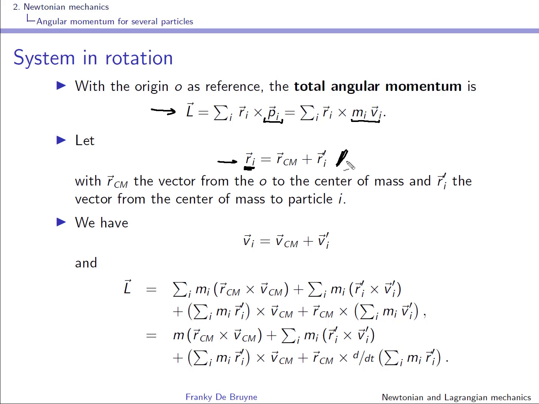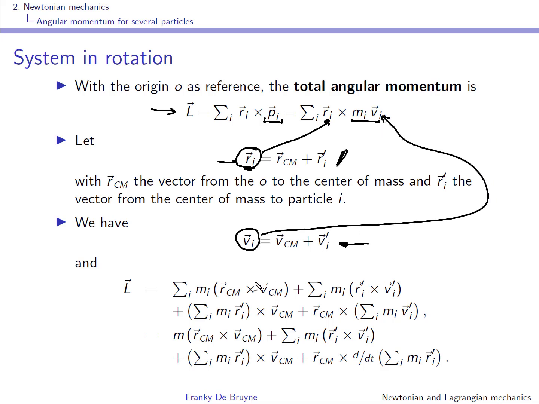If I can write this for position, I can do something very similar for velocity vectors, right? So I'm going to inject this one over here, and I'm going to inject this one over there, and this is what I am obtaining, right?